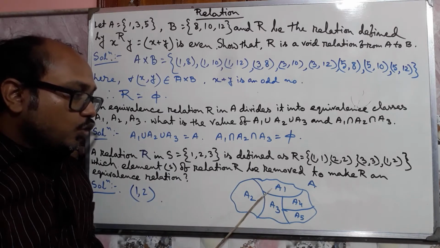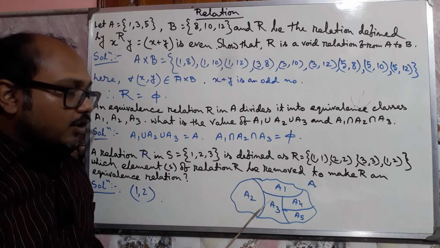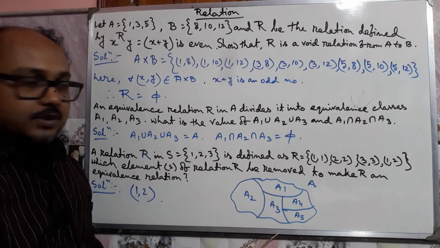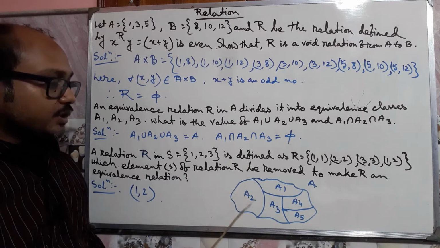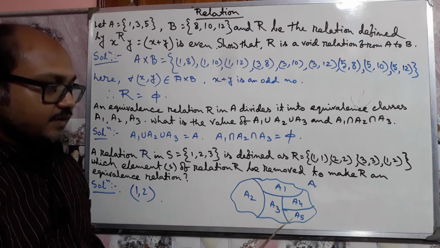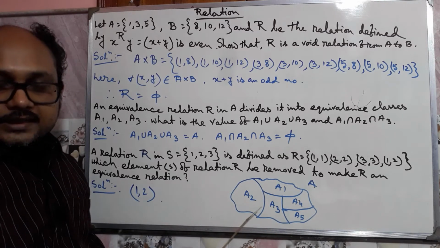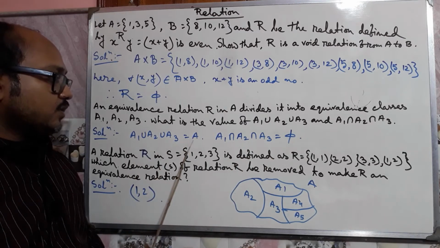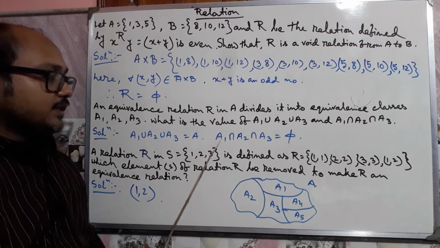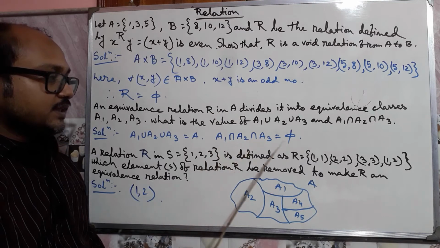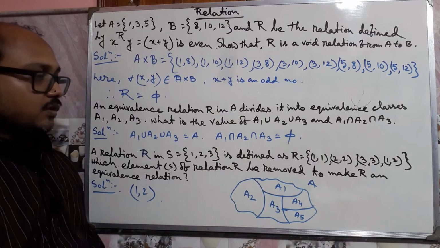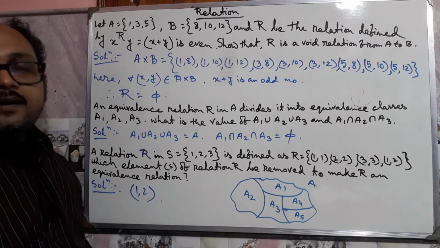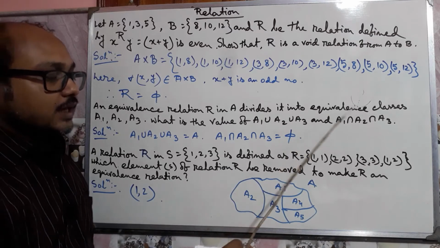That means there is no common element in any two partitions, that is, they are mutually exclusive. So A1 union A2 union A3 union A4 union A5 is equal to A, and their intersection is equal to phi. So here also A1 union A2 union A3 is equal to the given set A, and the intersection A1 intersection A2 intersection A3 is equal to phi. This is the partition or equivalence class of a set.